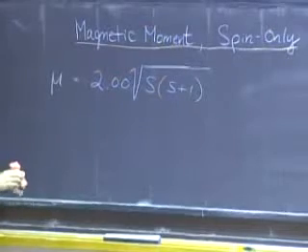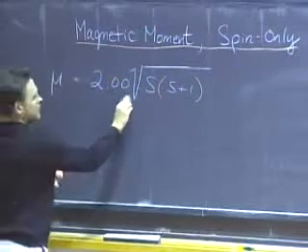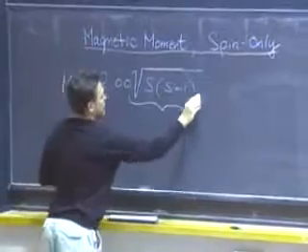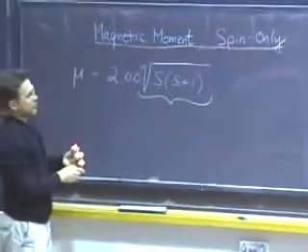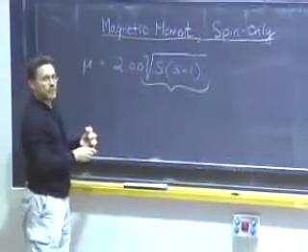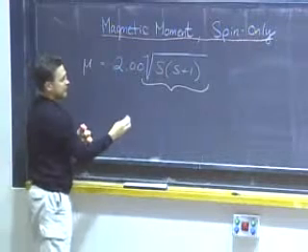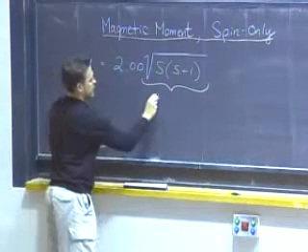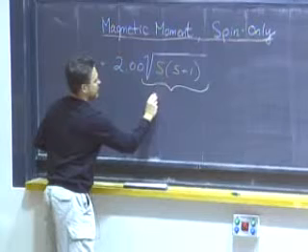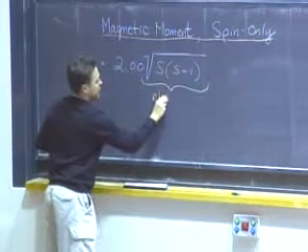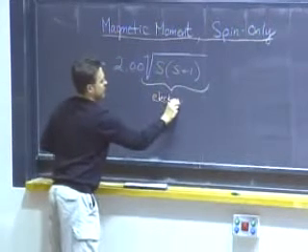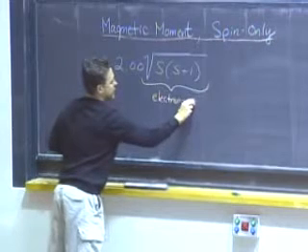Okay? And in this formula, this part, this square root of S times S plus 1 from the quantum mechanics, is the value of the angular momentum, the electron spin angular momentum.